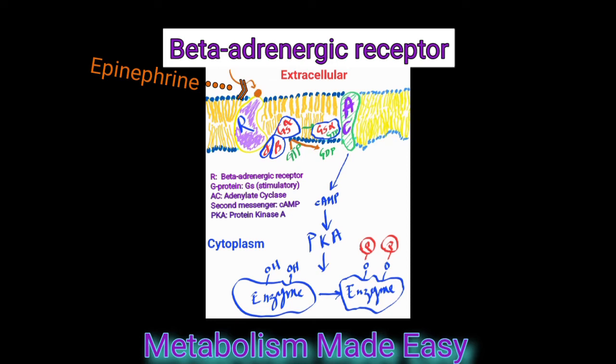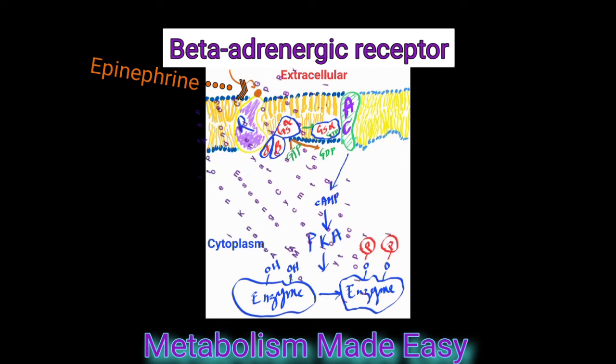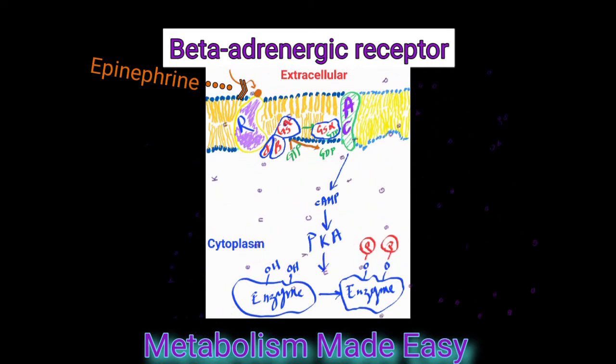One of the most important receptors associated with the activation of the adenylate cyclase system is the beta-adrenergic receptor. This receptor is activated by epinephrine or norepinephrine.